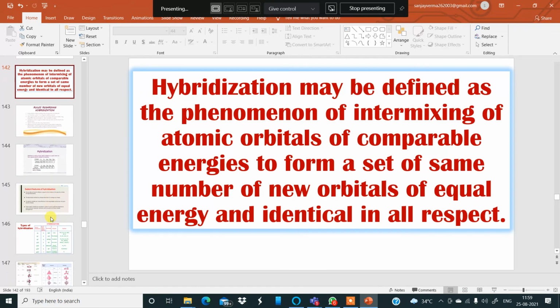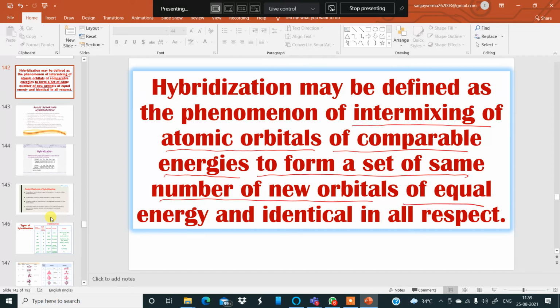The definition is on your screen. Hybridization is defined as the phenomenon of intermixing of atomic orbitals of comparable energies. There should be less energy difference between the orbitals which are mixing to form a set of the same number of new orbitals of equal energy, and they are identical in all respects.